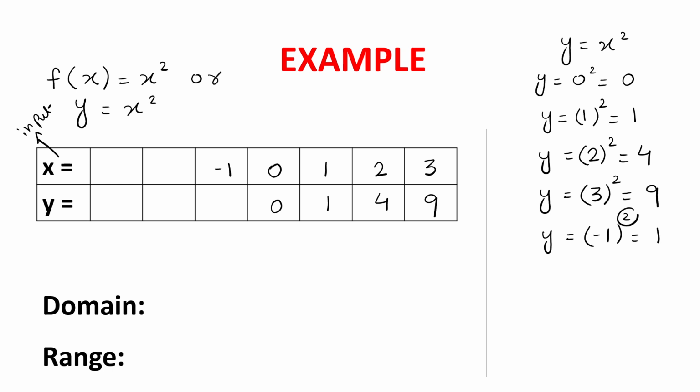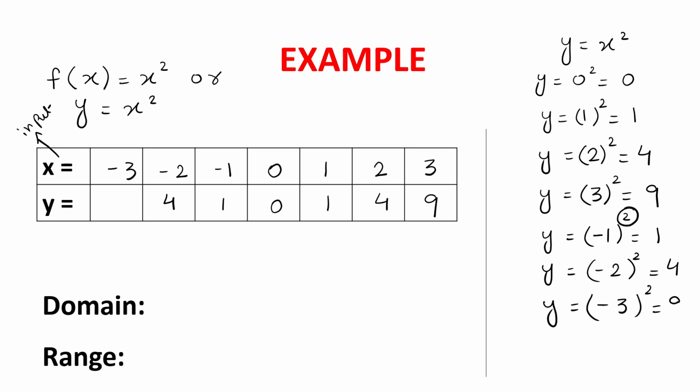Because the power is even, the negative will turn to positive. When x is -2, our answer for y will be positive 4. For x equals -3, we get 9.